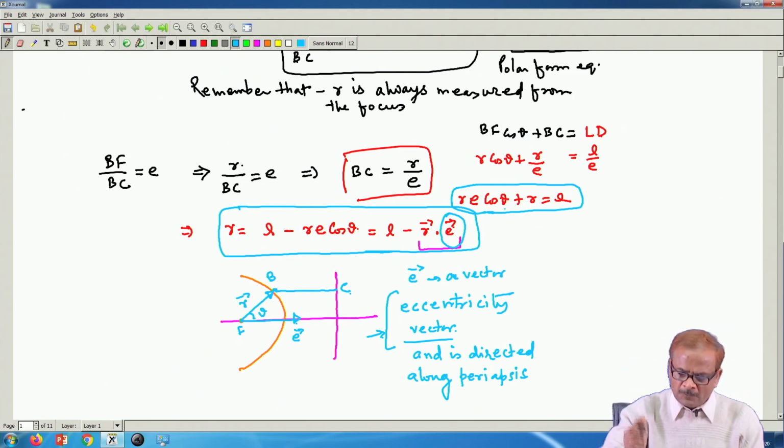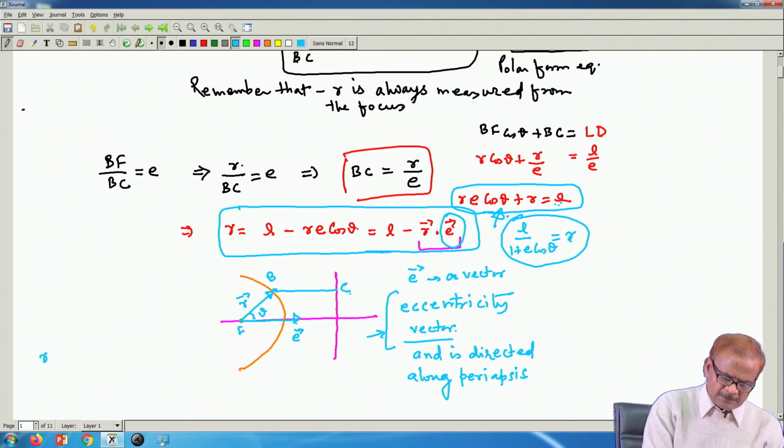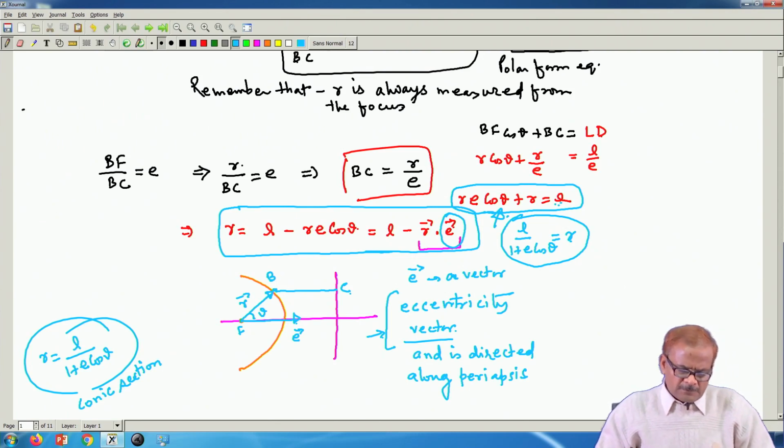Okay. So, what we can do is rewrite this. If we take R as common in this particular equation and write it like this, L by 1 plus E cos theta equals R, so we also get it in this form. So, R equals L by 1 plus E cos theta. This is also a representation for the conic section, and this is valid for the ellipse, parabola as well as hyperbola.